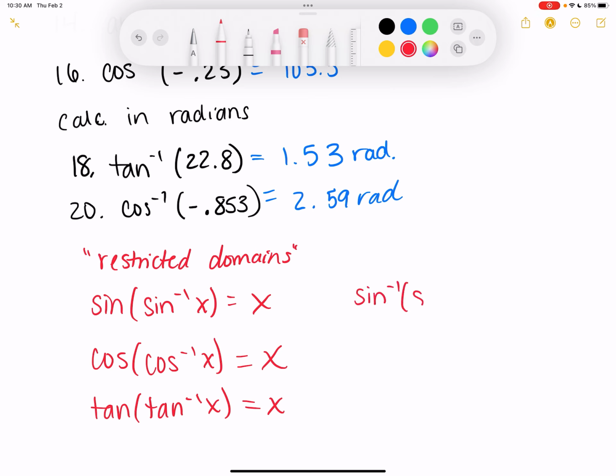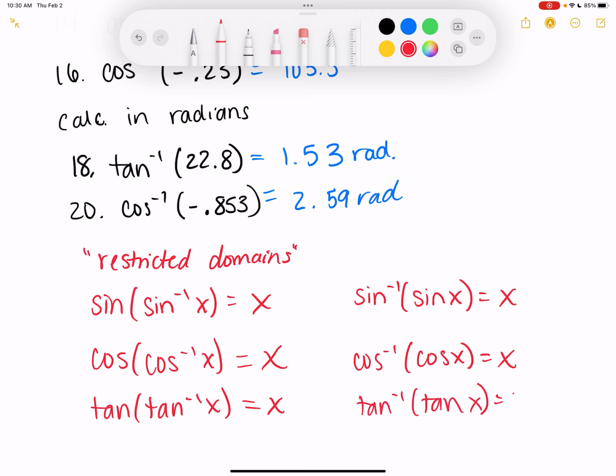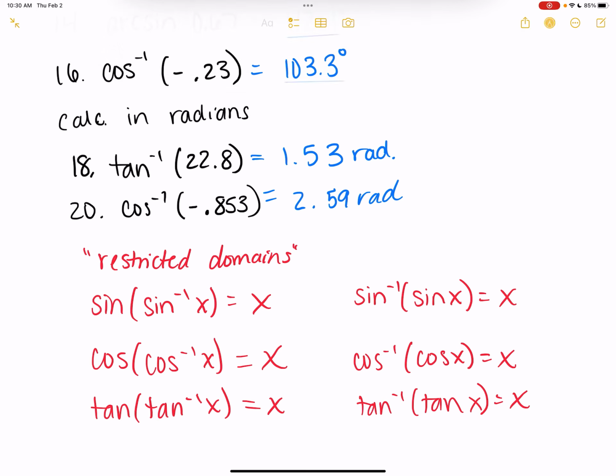Inverse sine of sine x is equal to x. Inverse cosine of cosine x is equal to x. And inverse tangent of tangent x is equal to x. It's basically just canceling each other out. Correct. You're right that it's pretty logical.